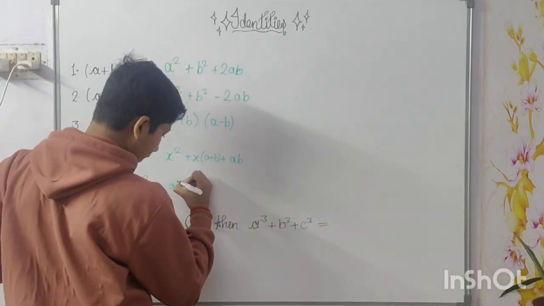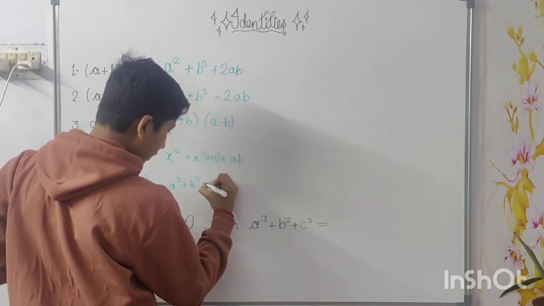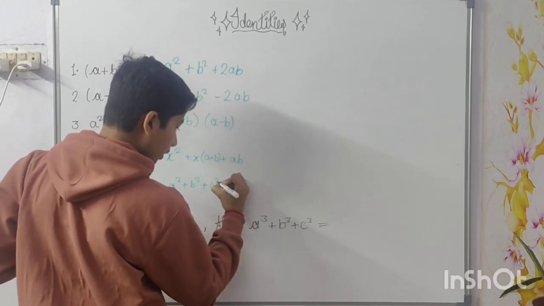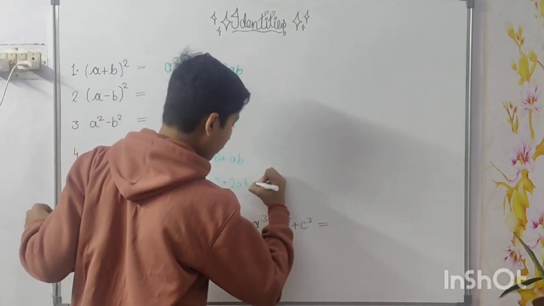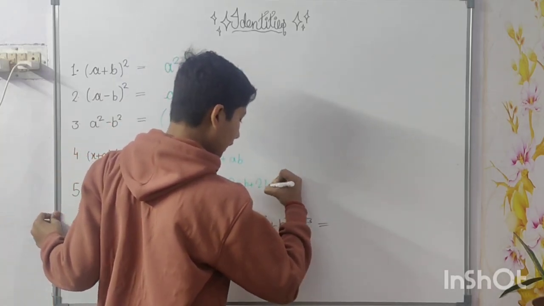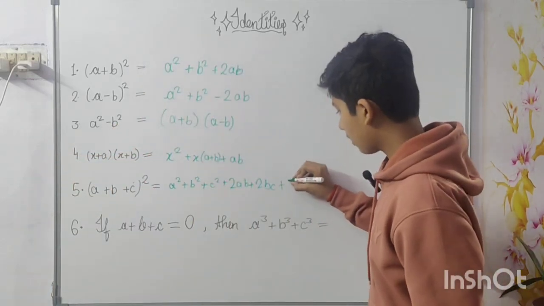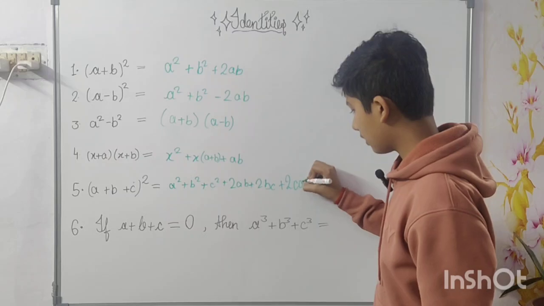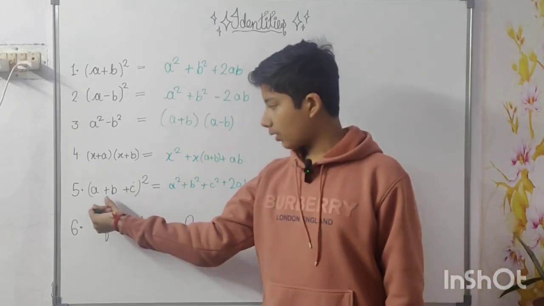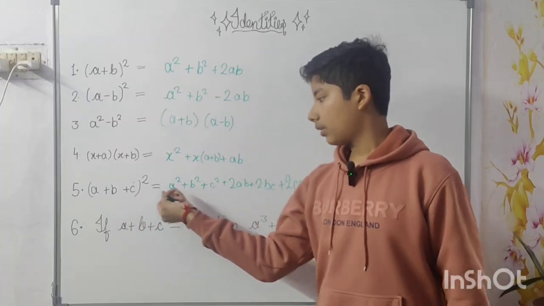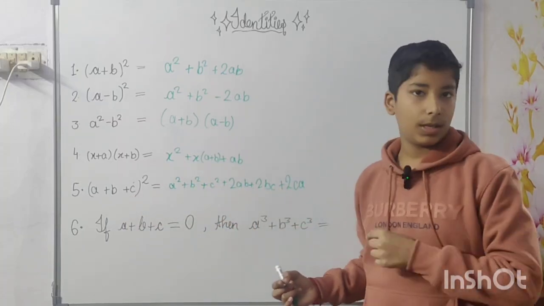It will be a square plus b square plus c square plus 2ab plus 2bc plus 2ca. Firstly the square of this, then square of this, then square of this, then 2ab, 2bc and 2ca.